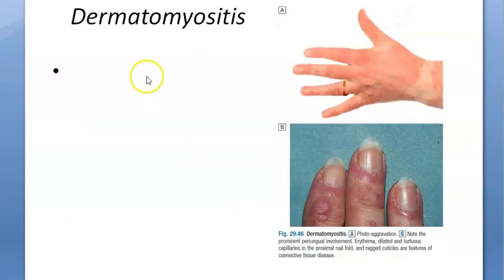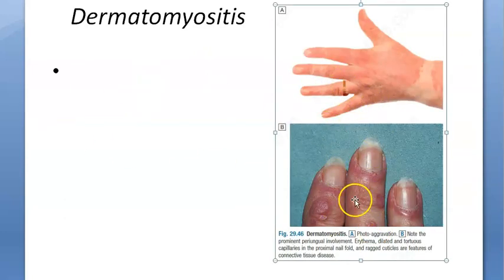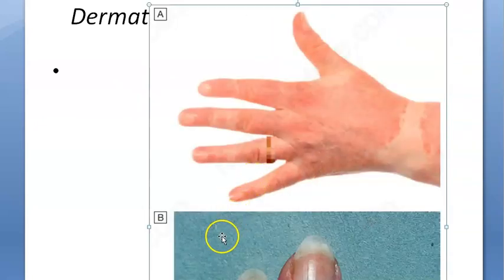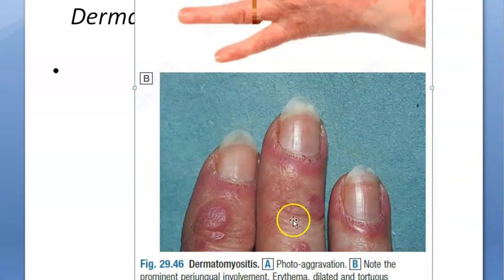Yes, okay. You will see that there is some periungual involvement. Periungual means around the nail. I feel they have blurred this finger, don't you think? Okay, and here they are showing you the photo.